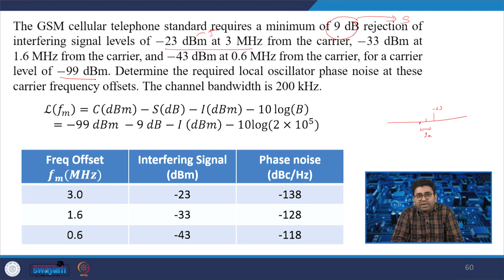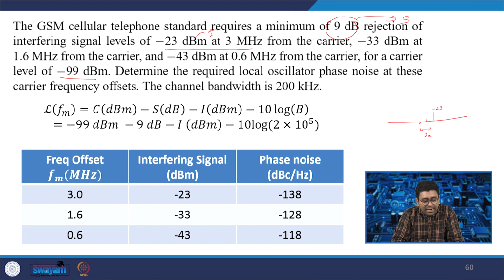What we need to determine is the required LO, local oscillator, phase noise at these carrier frequency offsets, and the channel bandwidth is given as 200 kilohertz, because bandwidth is also important here. If the bandwidth is more, then the phase noise improvement required is also more.